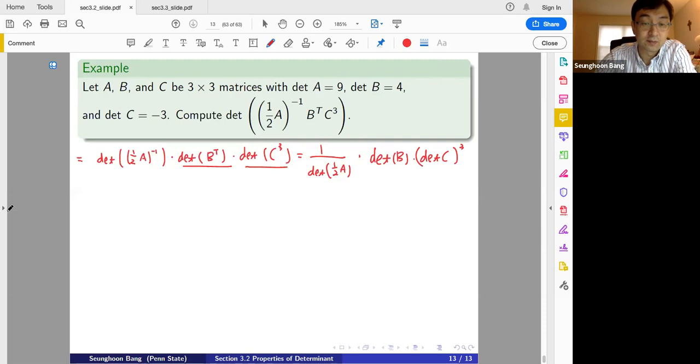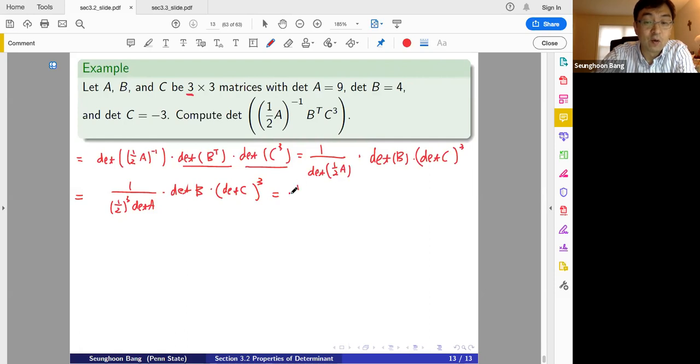Next, you can take out 1 over 2 using the number of rows. We have 1 over 2 to the power cube times the determinant of A, times the determinant of B, times the determinant of C to the power cube.